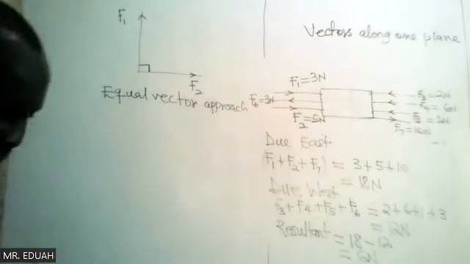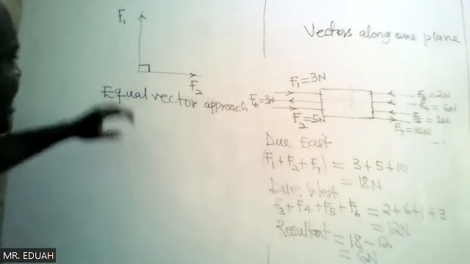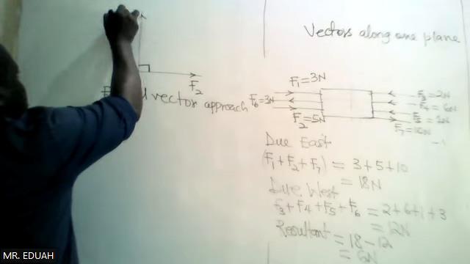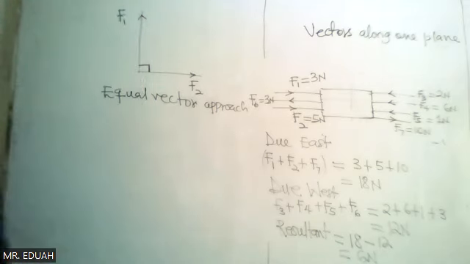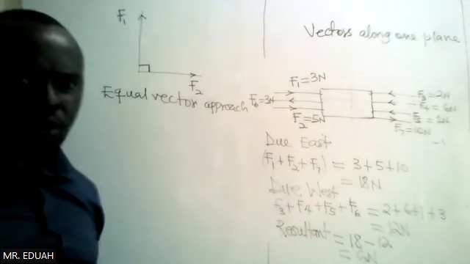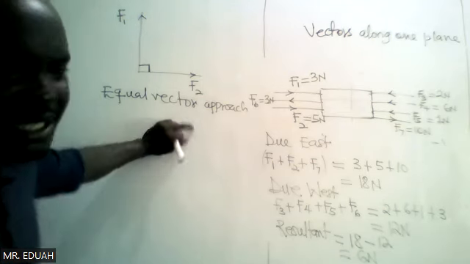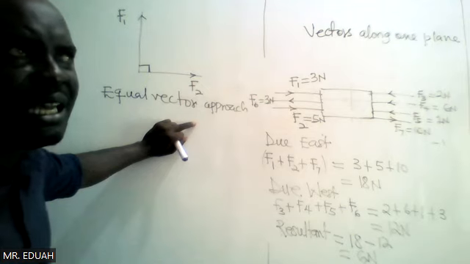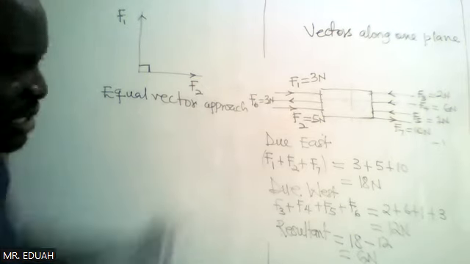We create equal vectors of both F1 and F2. And vectors are said to be equal when they have the same magnitude, direction, and they are parallel in space.